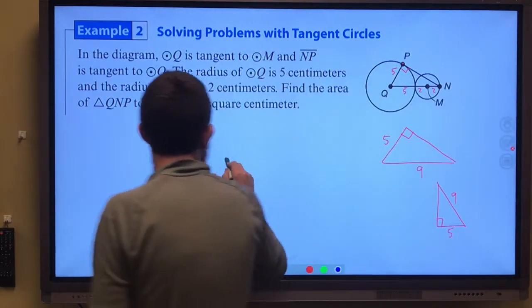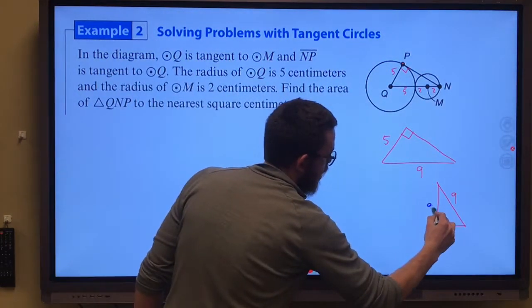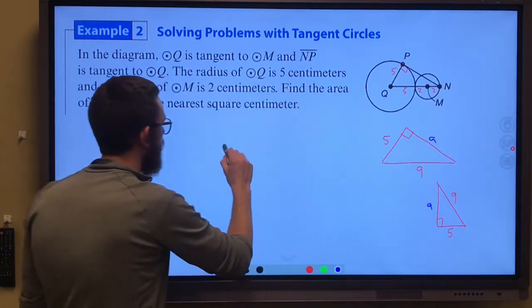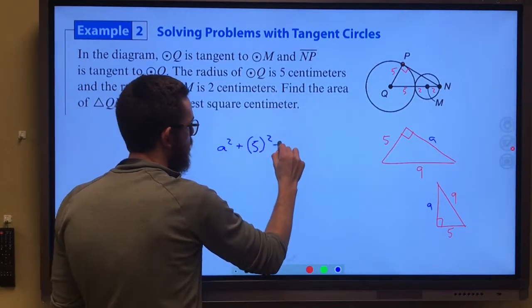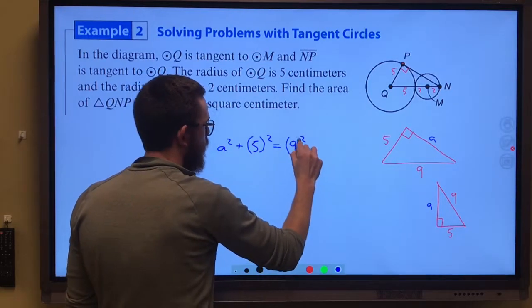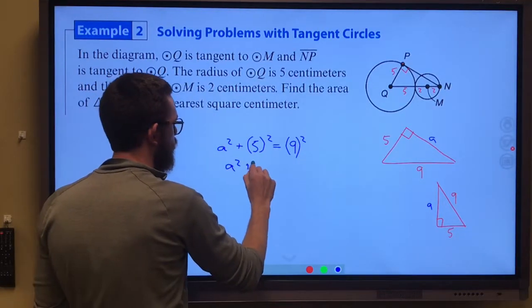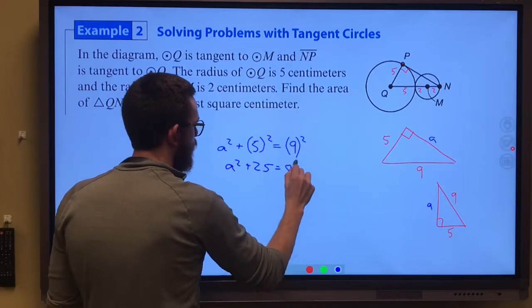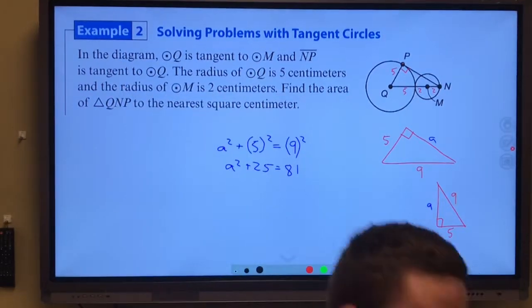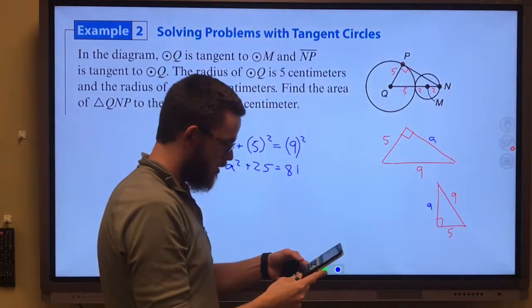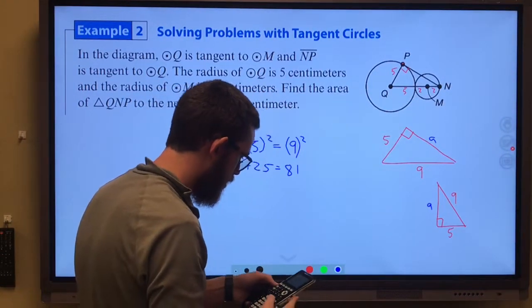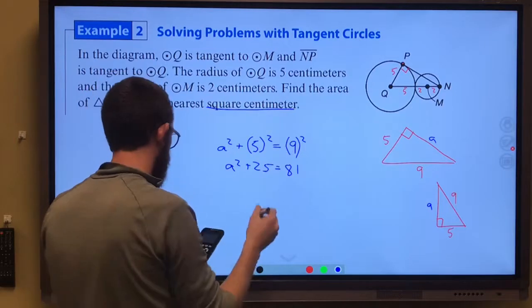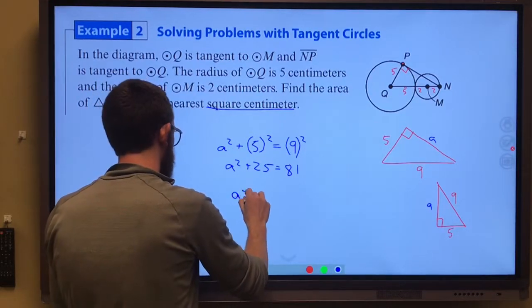I know that a squared plus b squared is equal to c squared, and I'm going to let that be a. And so a squared plus 25 equals 81. If I finish out that Pythagorean theorem right there, I'm just going to go ahead and round this because that's what I want my final answer to be.